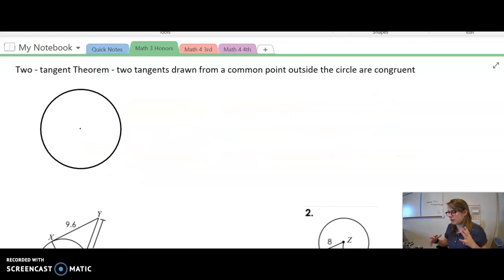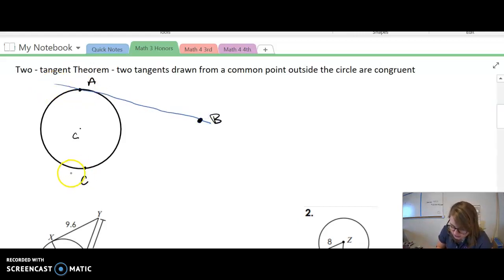So now, an important theorem to note is the two-tangent theorem. Two tangents drawn from a common point outside of the circle are congruent. What this means is that if we had a point right here, and I'll label this point B, and we have point A and point C, and this is circle C. Say we had a tangent line going from A to B, and then we also had a tangent line going from C to B. So we have two tangents drawn from a common point outside of the circle.